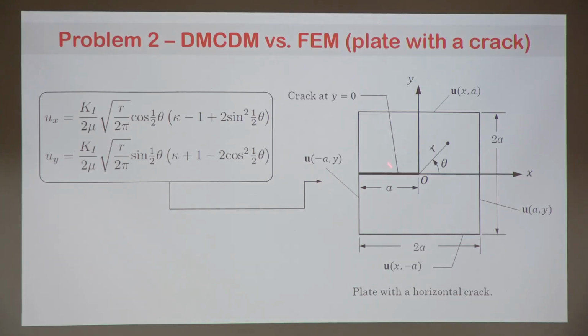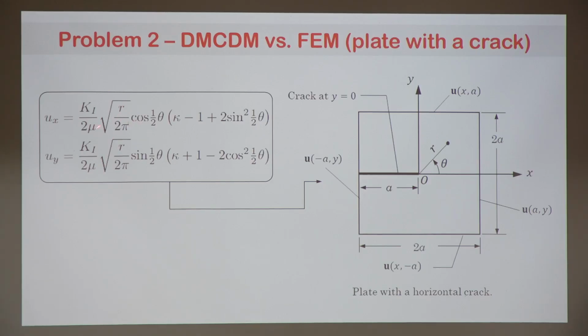And here is a problem with a crack. And of course, the singularity is at this point O. And so the analytical solution for this with a crack is written in terms of the distance from that crack tip to any arbitrary point in the domain.